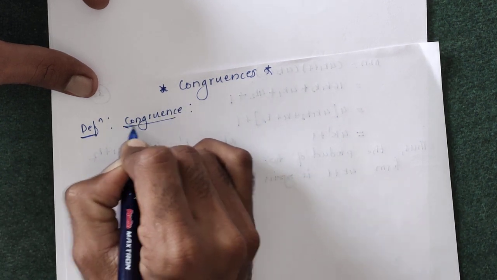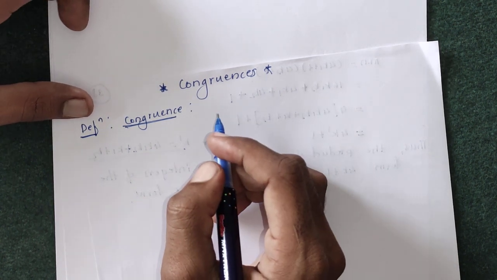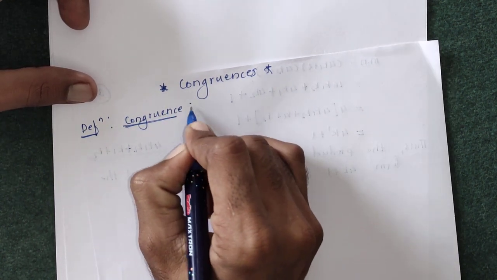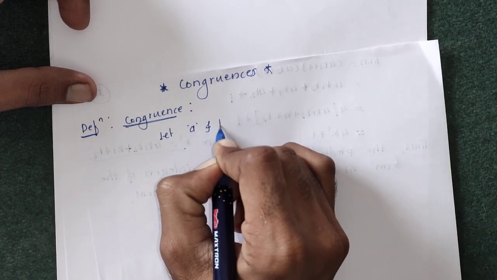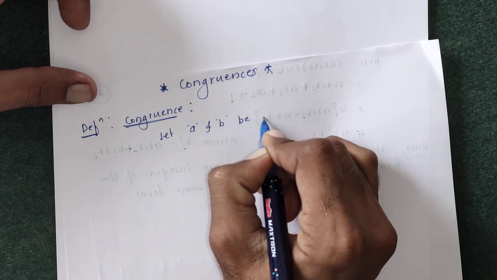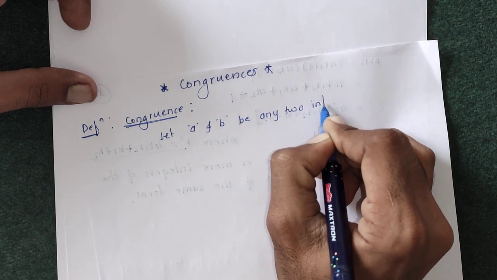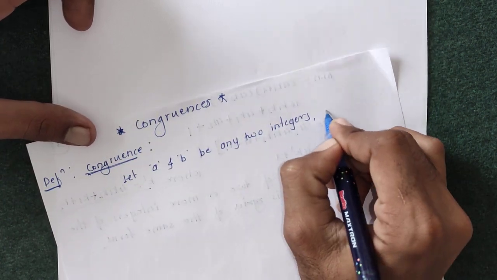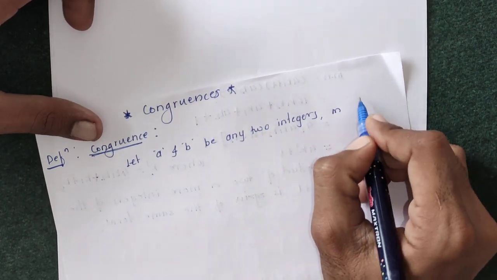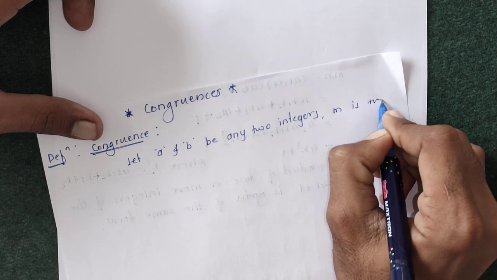For any two integers a and b, the definition is: let a and b be any two integers, and m a positive integer.